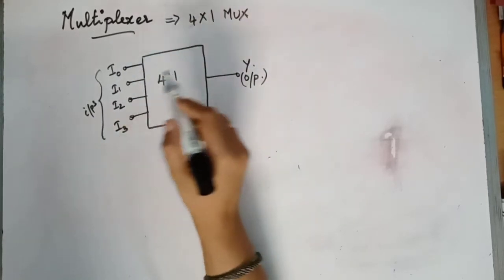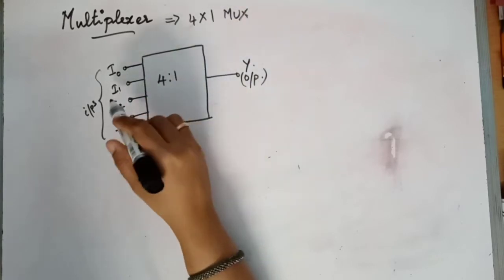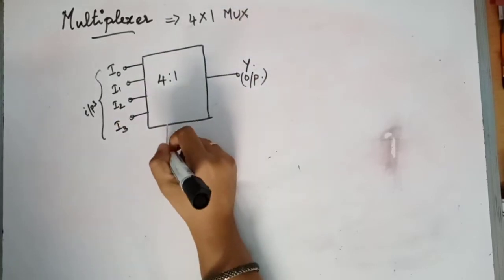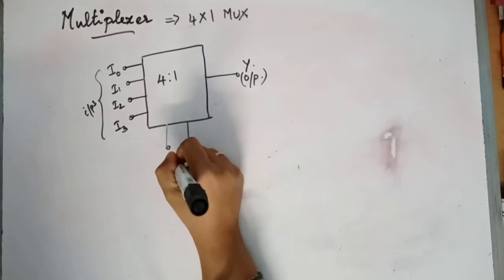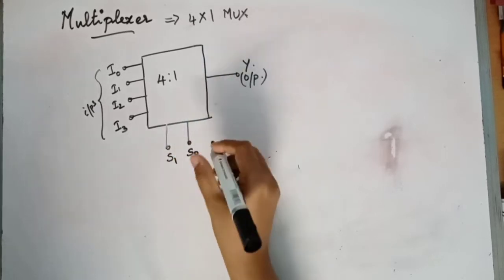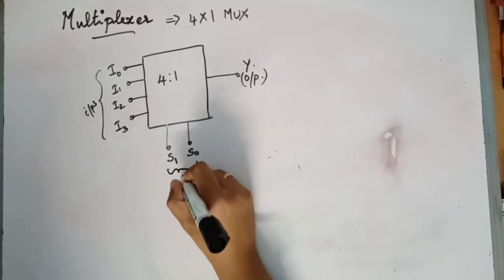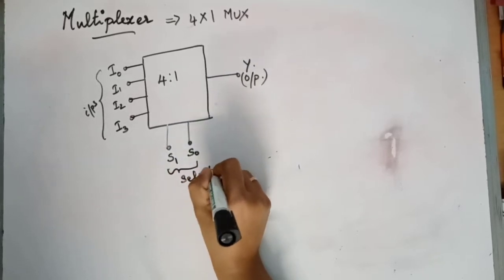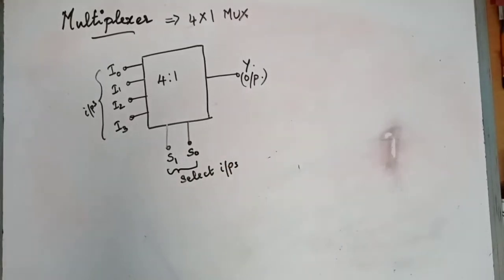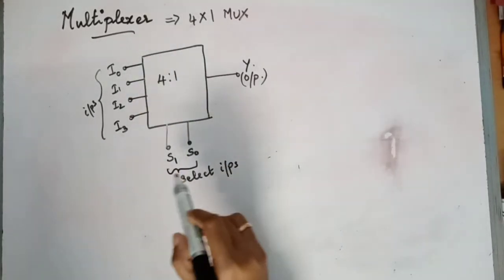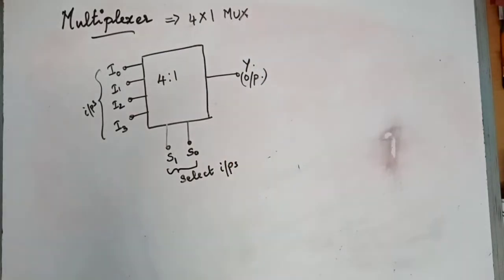So in order to select one of the inputs, you have select inputs. These are called select inputs. So in a mux you have inputs, select inputs and output.